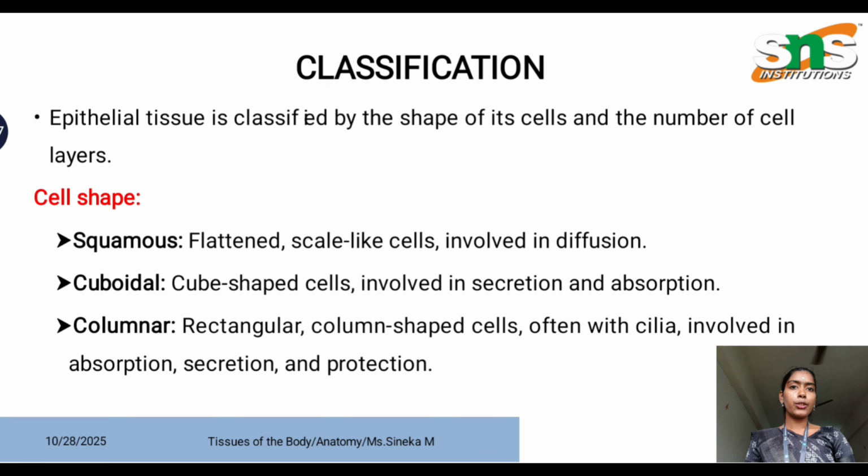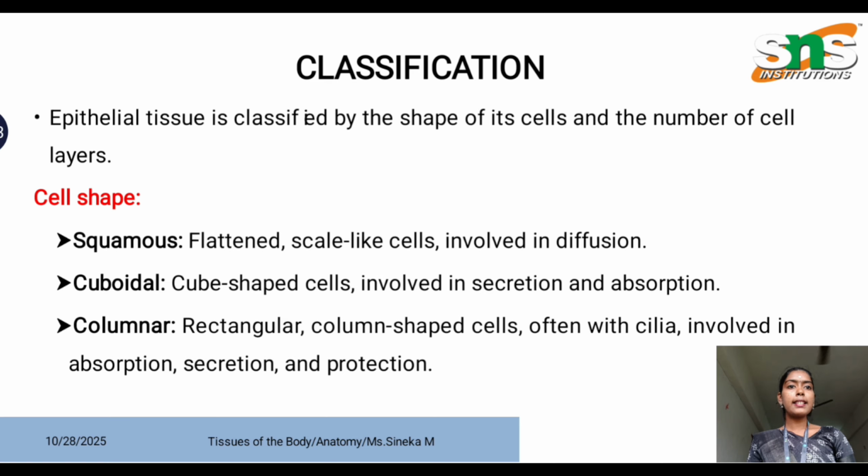In epithelial tissue, there are major subtypes based on cell type. There are three types of epithelial tissue. The first one is squamous, second one is cuboidal, third one is columnar. If the cells are flattened, scale-like structures, it is called squamous tissue. If the cells are cube shaped, it is called cuboidal tissue.